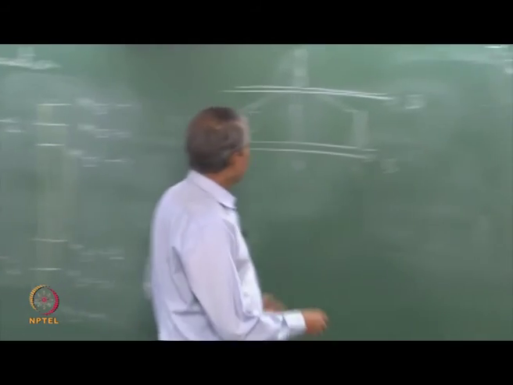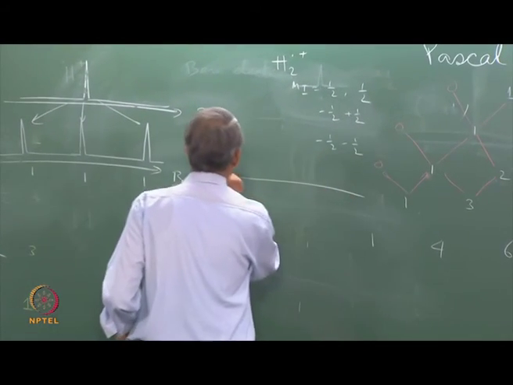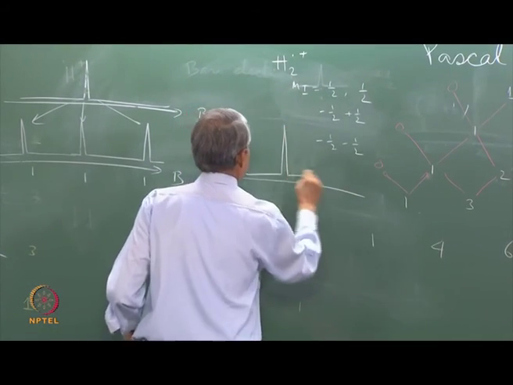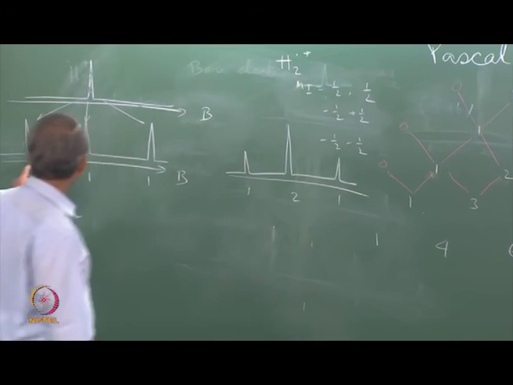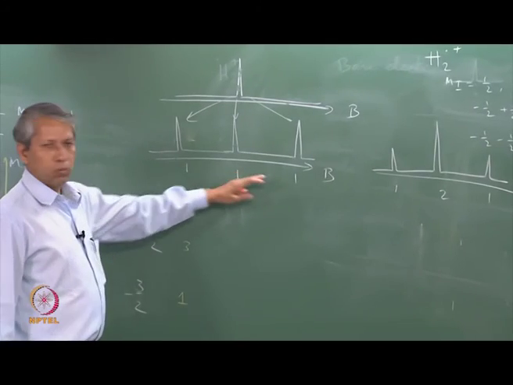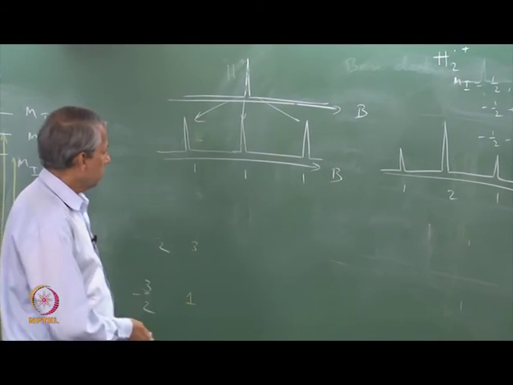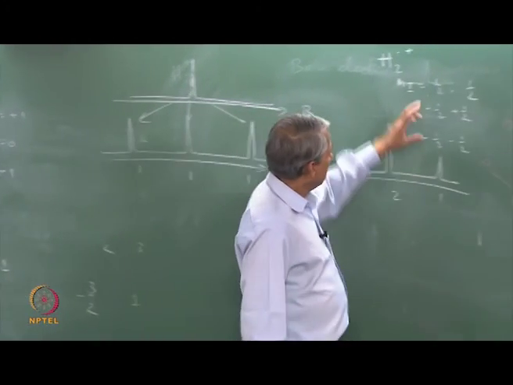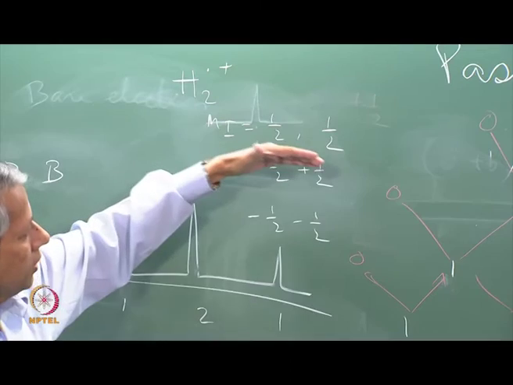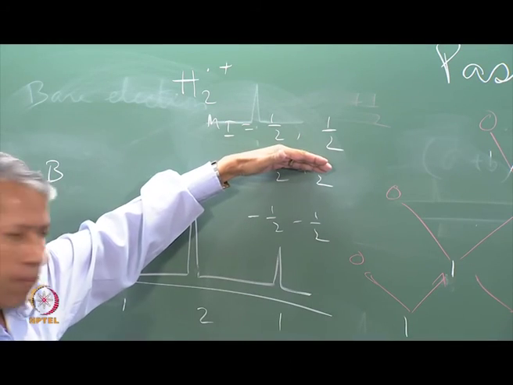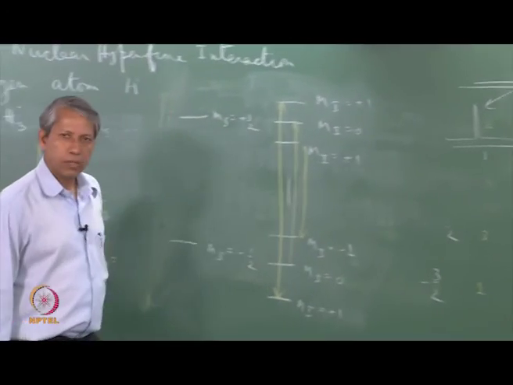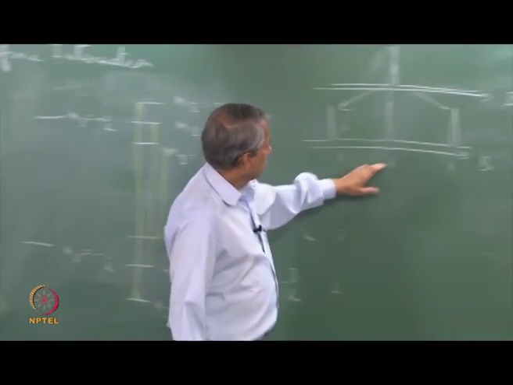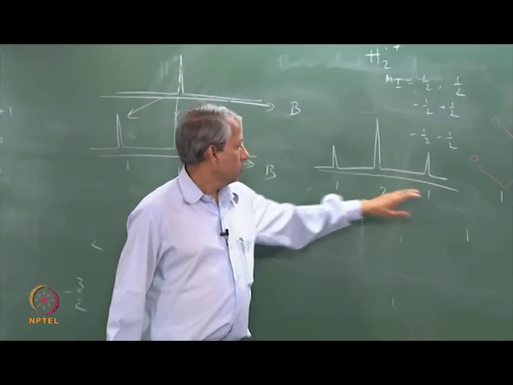But there the EPR spectrum looked like this, 1:2:1, whereas here we have 1:1:1. The reason is again obvious: there the transition involved energy levels that had twice the number of particles that could stay there, but here all the levels have the same number of particles. So, I get 1:1:1 here, 1:2:1 there.